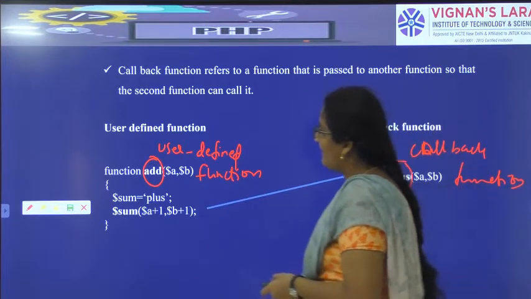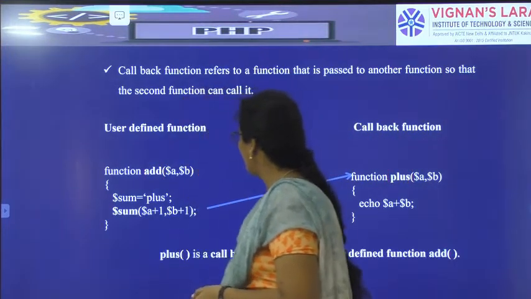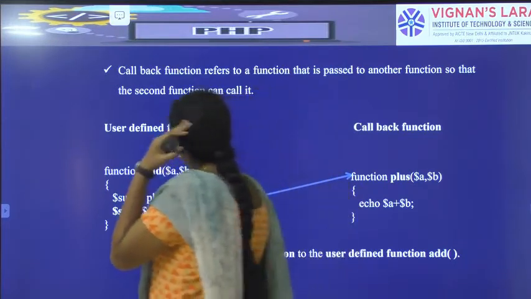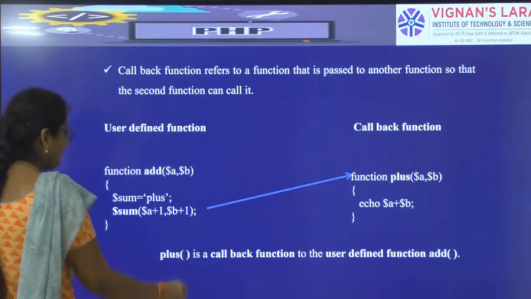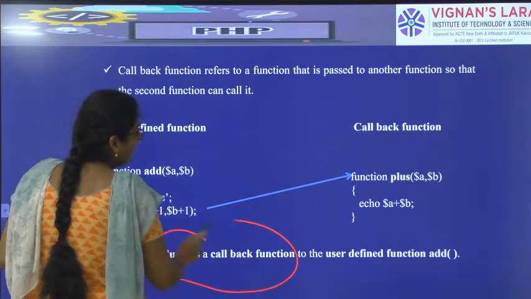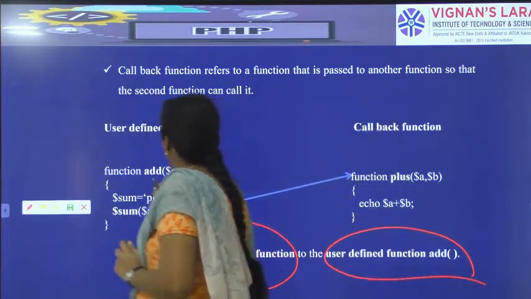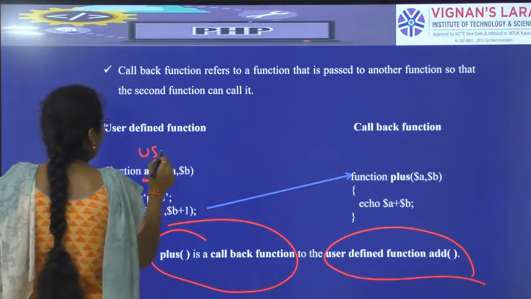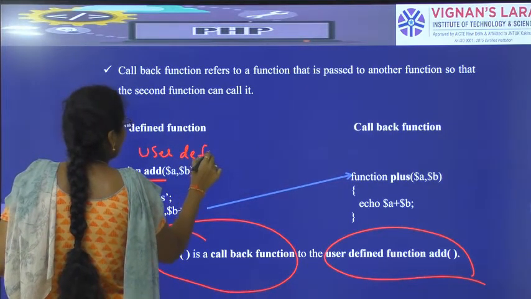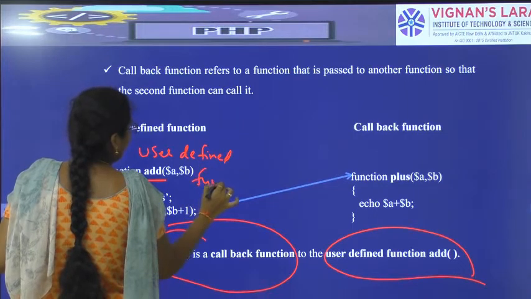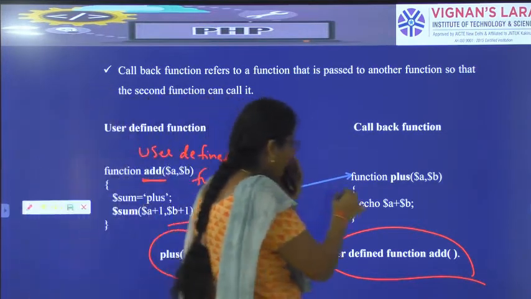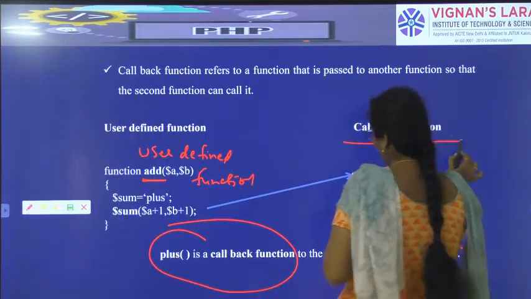So in this example, plus is a callback function and add is a user defined function. So add is the user defined function, plus is the callback function.